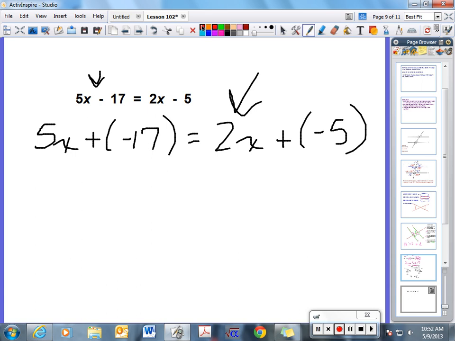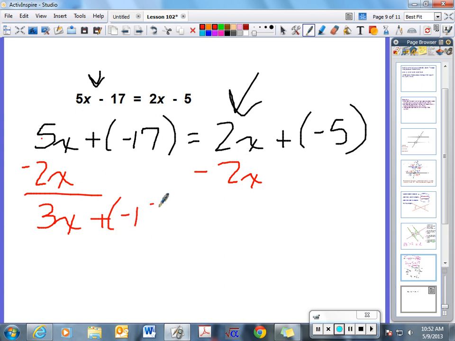So I need to get those x's off of the right side. If I'm going to do that, I would subtract 2x from this side, which will give me 0. That means I have to subtract 2x from this side. That is 5x minus 2x, which is 3x, plus negative 17 equals, this came out to be 0, negative 5.